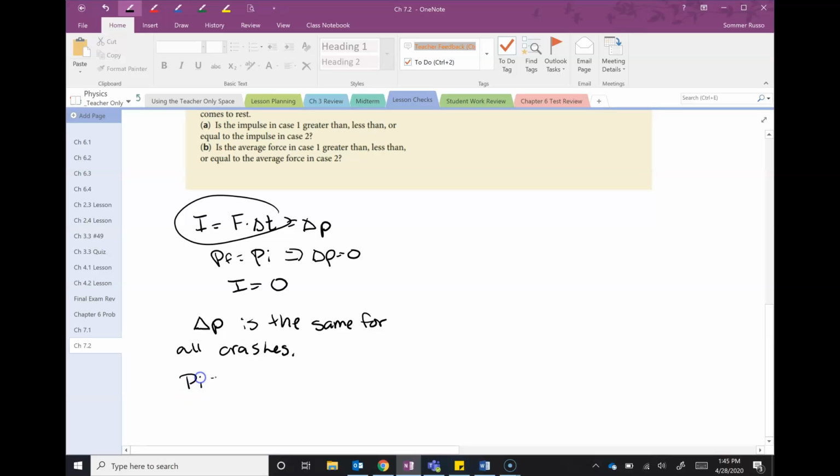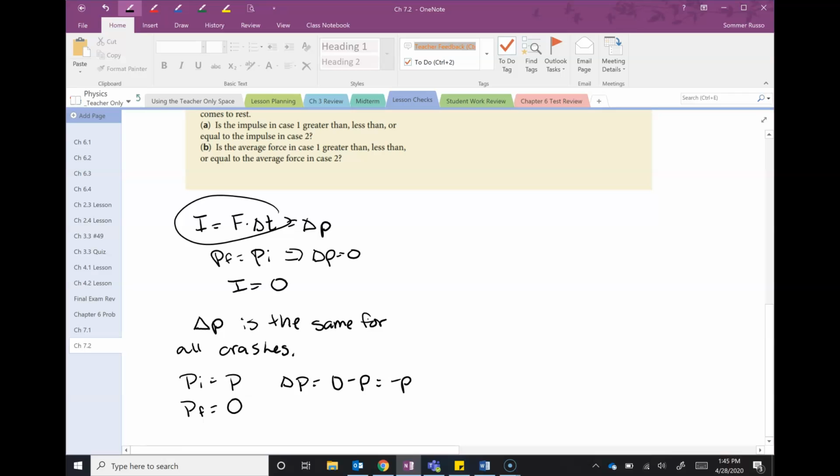So my initial momentum, we're just going to call it P. But in all cases, our final momentum is going to be 0. In a crash, you're coming to a stop, right? As a result, that change in momentum is going to be 0 minus P, or negative P. So that's going to be the same for all crashes, and the impulse is always going to be that negative P.